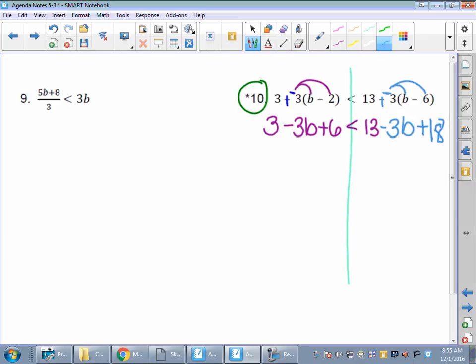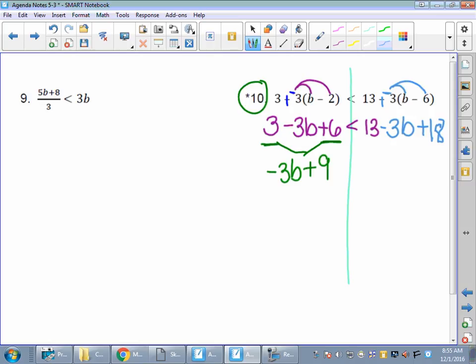So now here's one of those examples where we've got like terms. If I just look on that left-hand side, I've got a 3, I've got a minus 3b, and I've got a plus 6. That is a math problem that we can do. 3 plus 6 is 9, and it's positive. My -3b didn't change. So I combined these two like terms to get that 9.